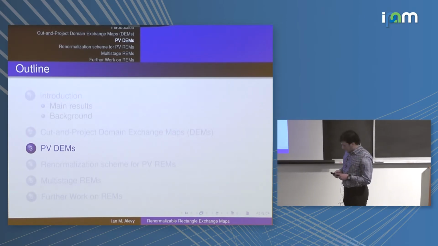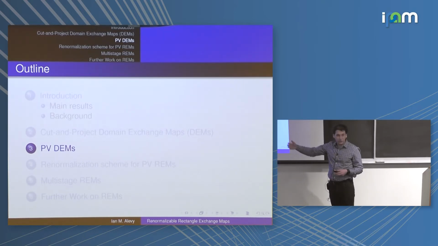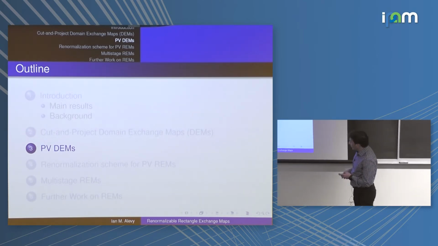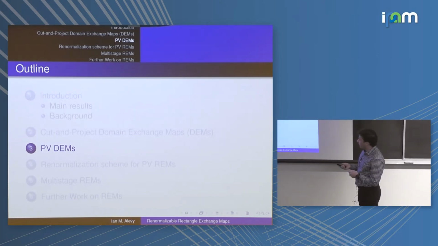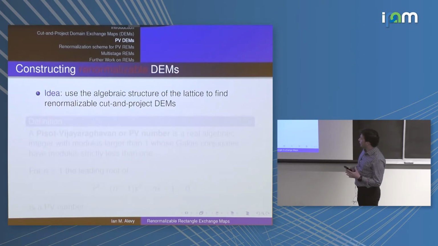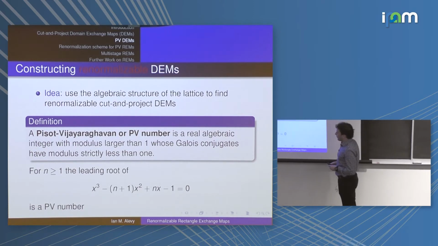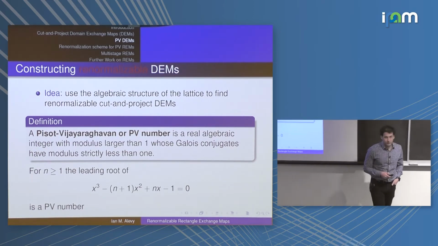All right. So now I want to explain how we can specialize this construction to create domain exchange maps which are renormalizable. The way we do this is to use a certain algebraic structure of the lattice. And we need certain algebraic integers called Pisot-Vijayaraghavan, or PV numbers.